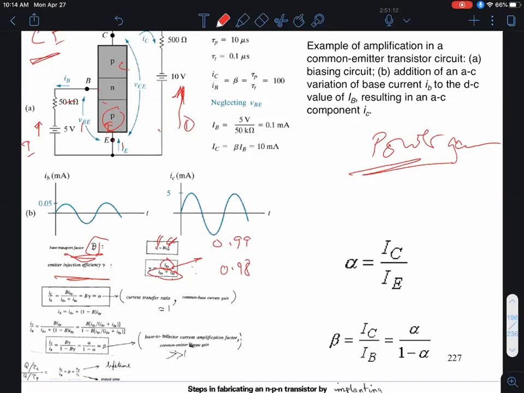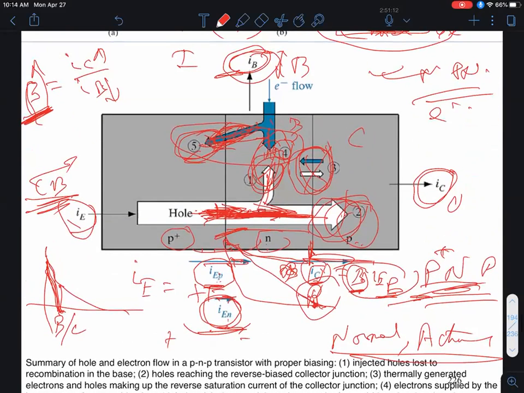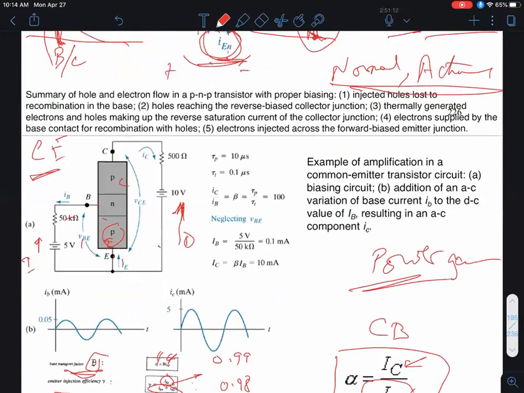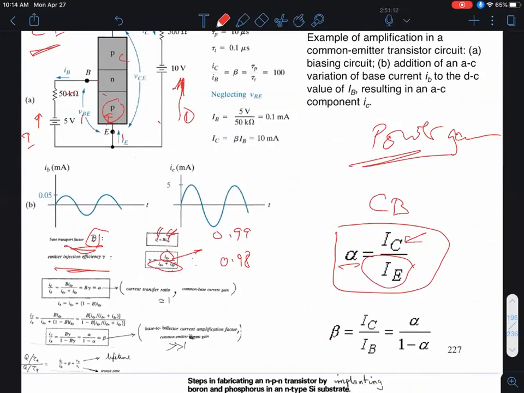One then defines 2 gain parameters. Alpha is called your common base gain, which is defined as IC divided by IE. So that's the mode where this is my input current IE, and that's my IC. The ratio of those currents is called alpha.